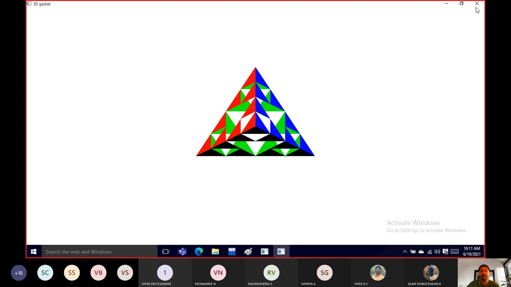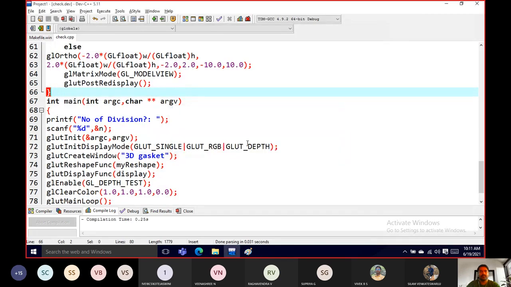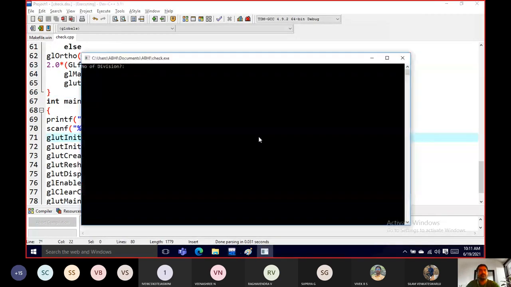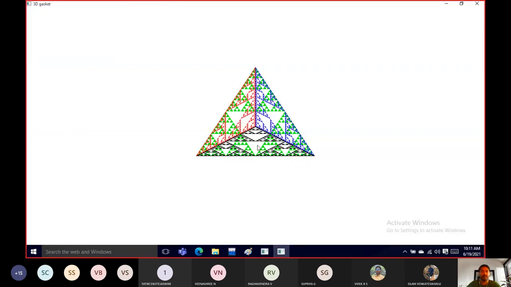So similarly, you can go with as many divisions as you want. Let me give 5. It will be difficult already to go through how many divisions you have. This is 1, 2, 3, 4, and 5. If you expand it further, only then you will be able to see it.